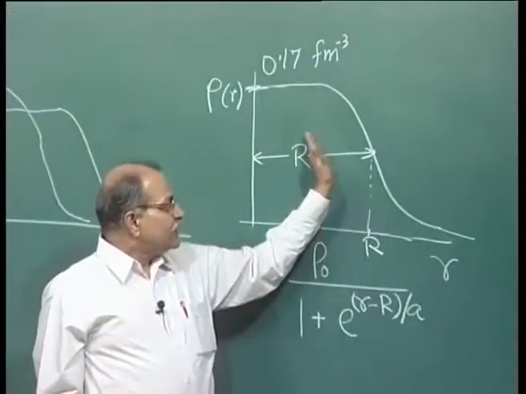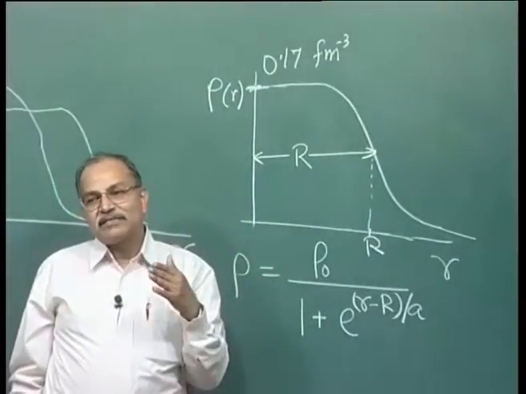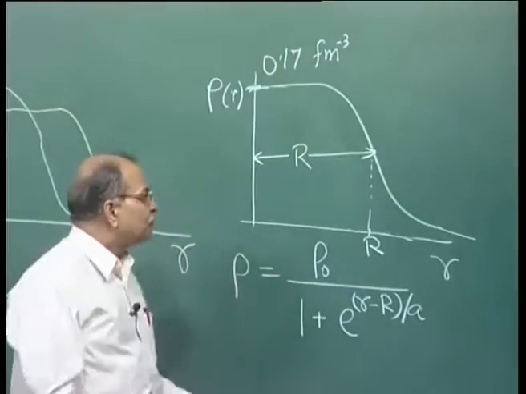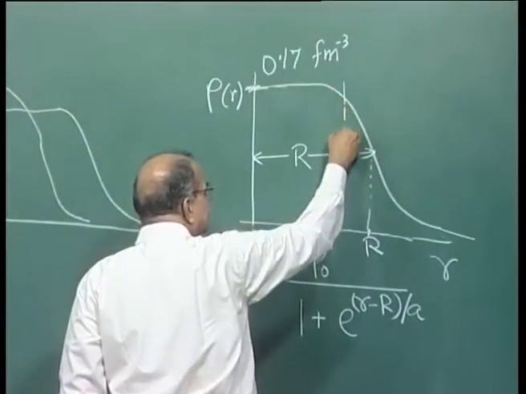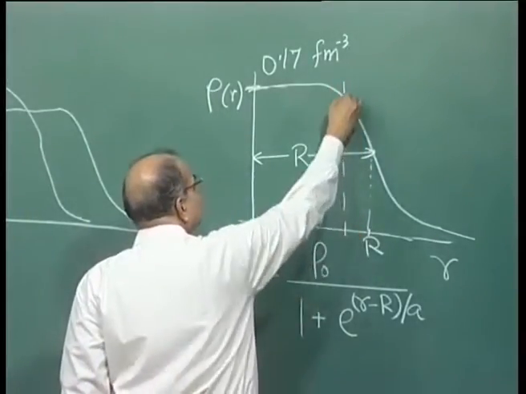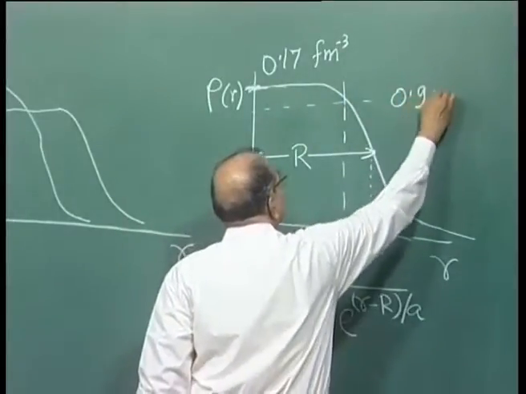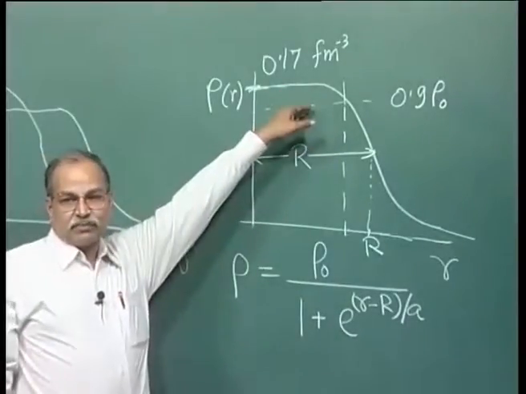So a is a measure of how gradually or how steeply this density decreases as a function of r. If you take 2 points, one point here where the density has become about 0.9 of rho naught, so a 10% decrease, that is one point.